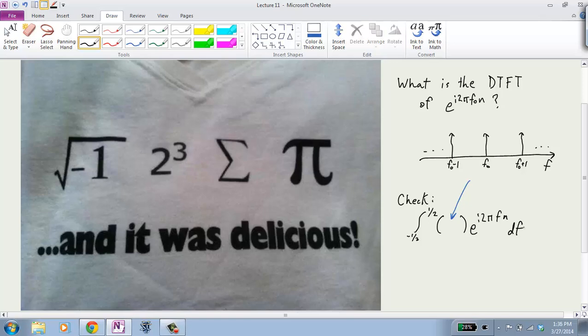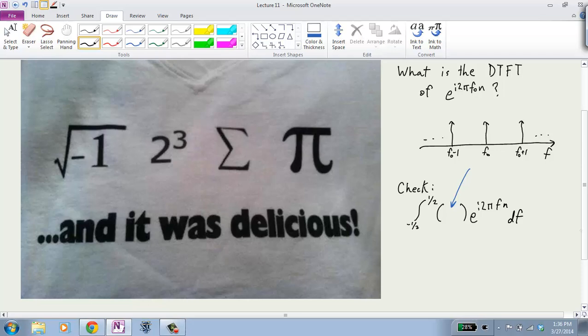Now, of course, only the delta function that's within that interval matters. So one of them will be. It may not be f naught. F naught might have been really big, but there's going to be exactly one of these delta functions that falls in that interval. Integrating with respect to a delta function is easy. So I'll say it's e to the i 2 pi f prime n.